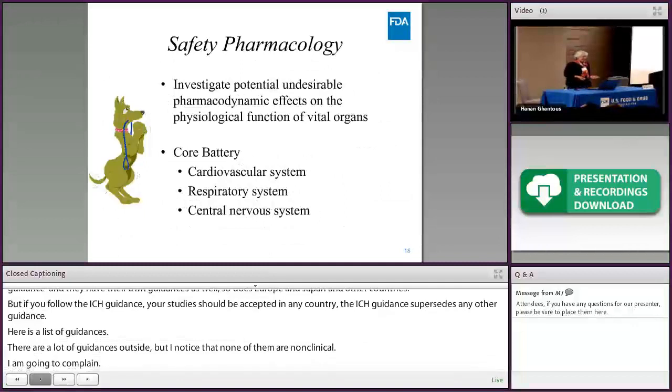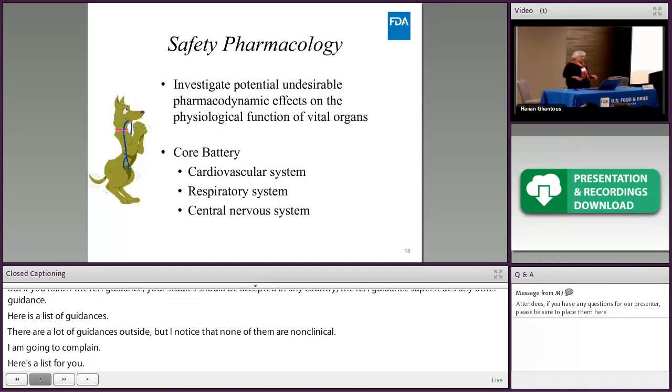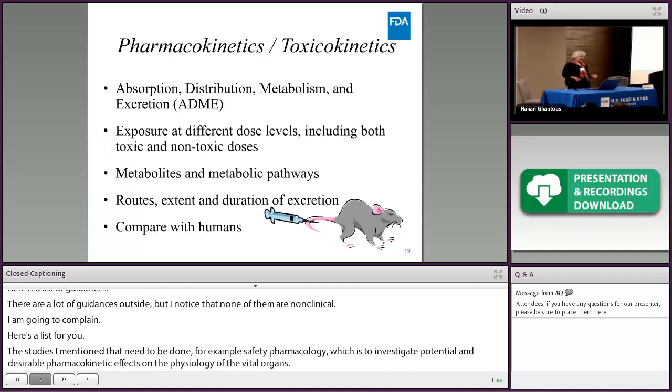And the studies I mentioned that need to be done, for example, safety pharmacology, which is to investigate potential undesirable pharmacodynamic effects on the physiology of the vital organs. There's a core battery of studies done on the cardiovascular system, respiratory system, and the CNS. And they're usually done in dogs or rats. PK, TK, same thing. These are the ADME studies.